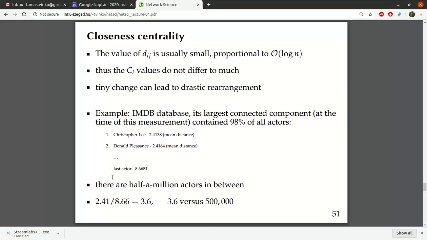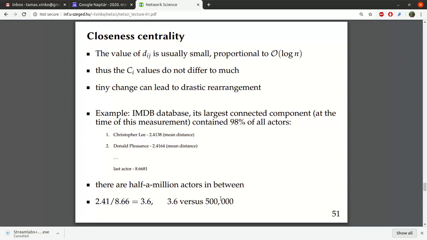If we take the division of these two numbers, 2.41 divided by 8.66, what we get is 3.6. So that's the ratio between the first actor and the last actor. Whereas 3.6, if we compare it to 500,000, is a huge difference we can see here.